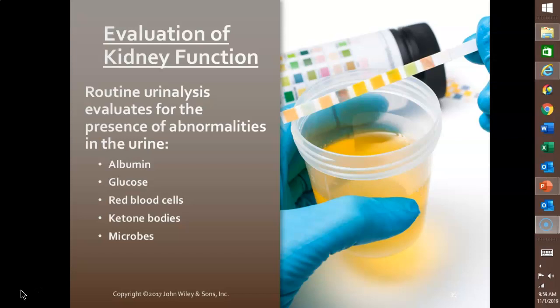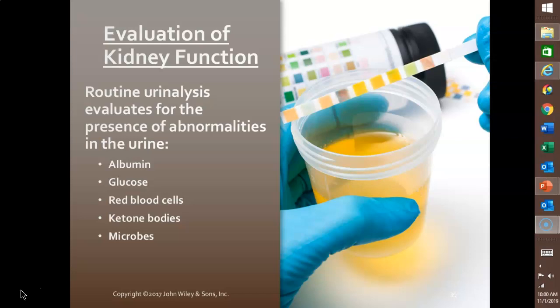Albumin in the urine, right? So this indicates that there's an increase in the permeability of the filtration membrane. Now that can be because of injury or disease, increased blood pressure, irritation of the kidney cells by things such as toxins, or heavy metals can cause this irritation as well.